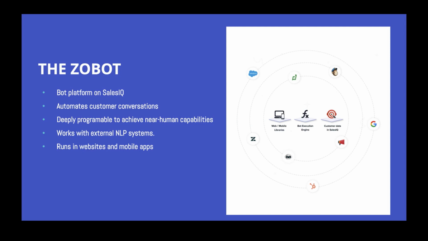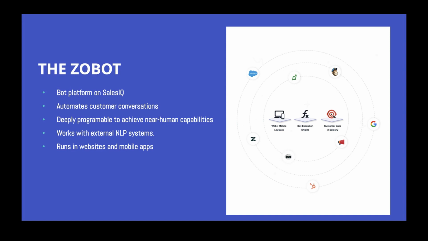So we can program the bots to respond, to act, and to qualify customers who land on any website, right? So these Zobots, what they basically do is that they maintain a conversation with the user in natural language. They understand the intent of the user, and they send a response based on business rules and data of the organization. And they can be run on both websites and on mobile applications. So that's the best part.